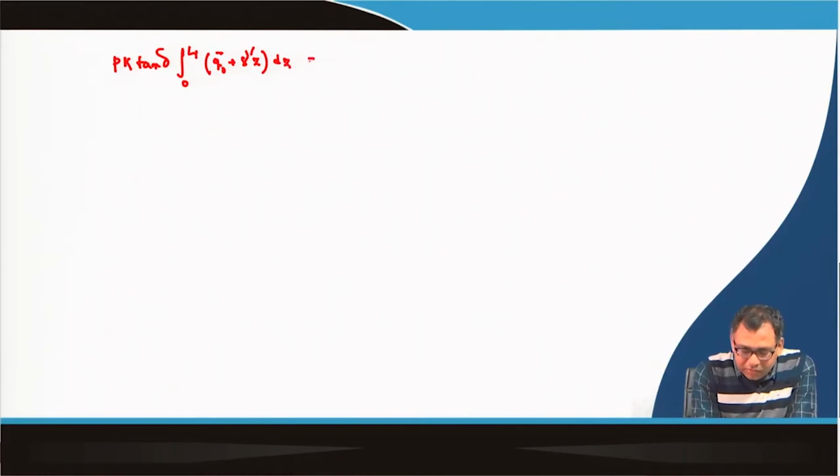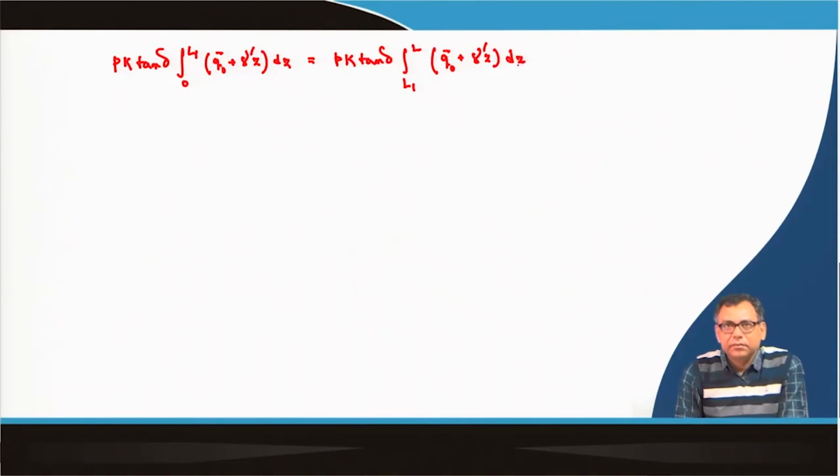That will be equal to Pk tan delta, and this is from L1 to L, again Q0 bar plus gamma dash z dz. Okay. We are equating that, because basically we are counterbalancing the negative skin friction by the positive skin friction and some tip resistance during that process, but that tip resistance we have neglected.